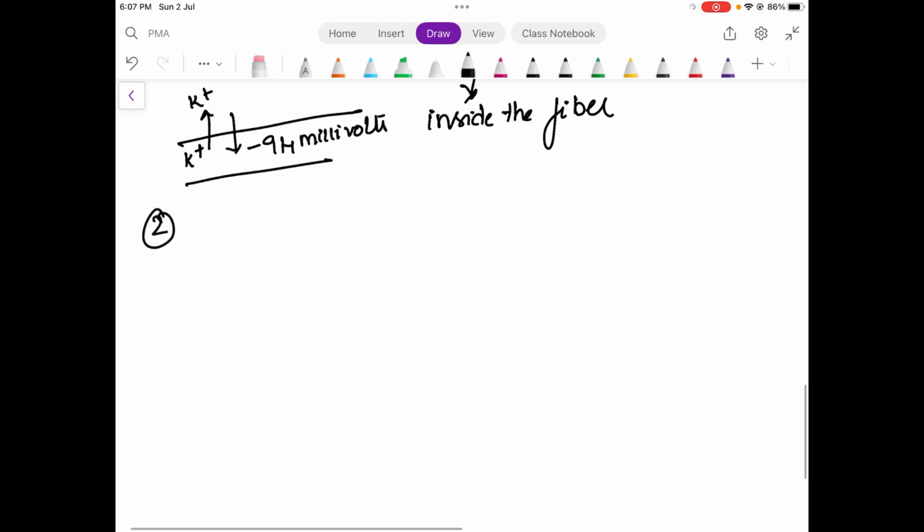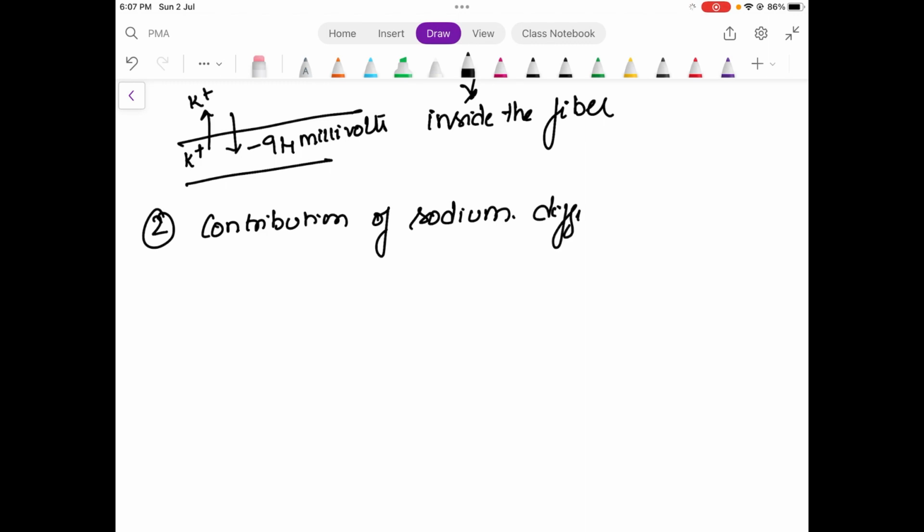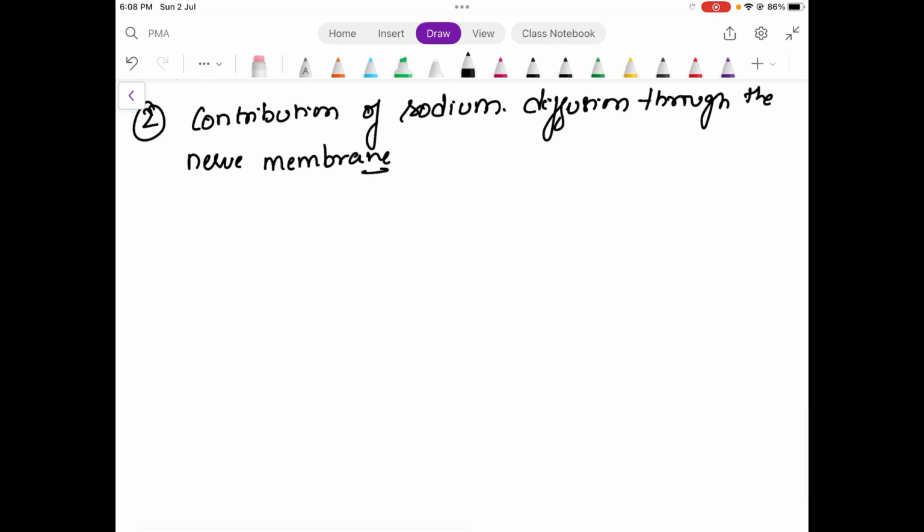Now we'll see the second factor, that is the contribution of sodium diffusion through the nerve membrane. What happens here?